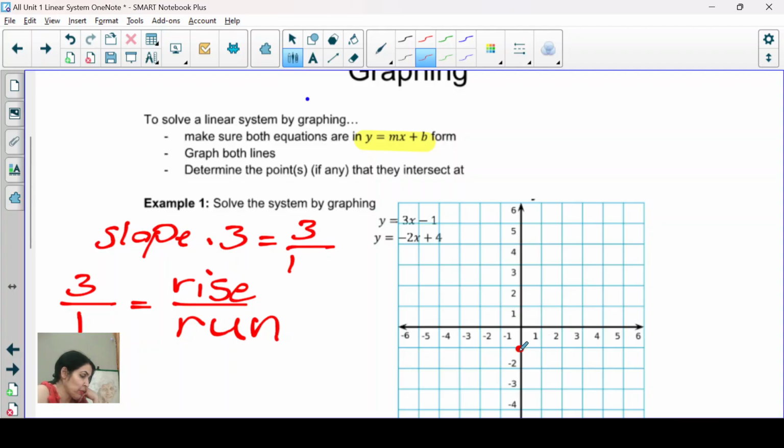Let's start from the y-intercept point and rise 3 points: 1, 2, 3, and run is 1. You get your second point. Now we pass a line through these 2 points.